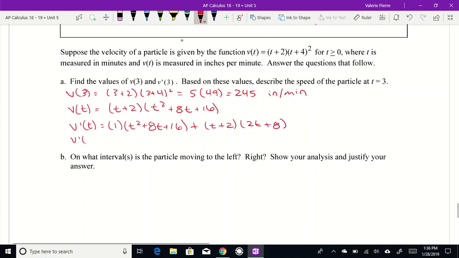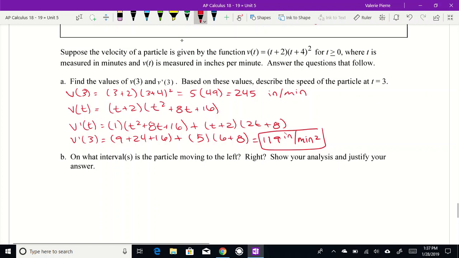So v prime of 3 is equal to 9 plus 24 plus 16 plus 5 times 6 plus 8, which is equal to 119 inches per minute squared.